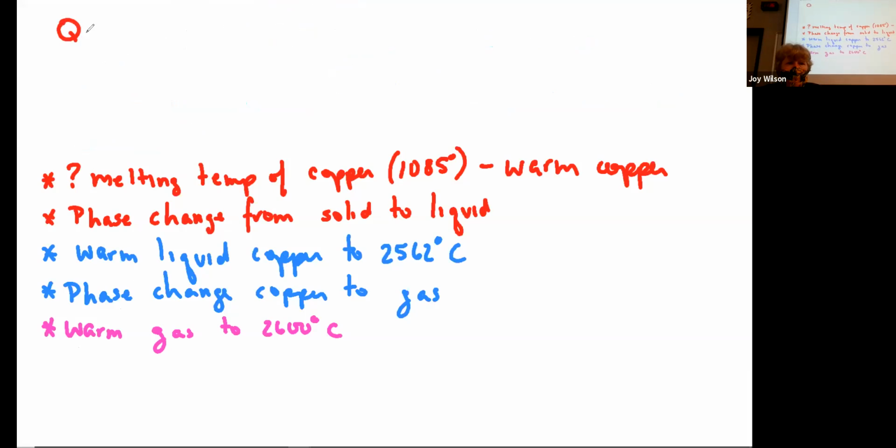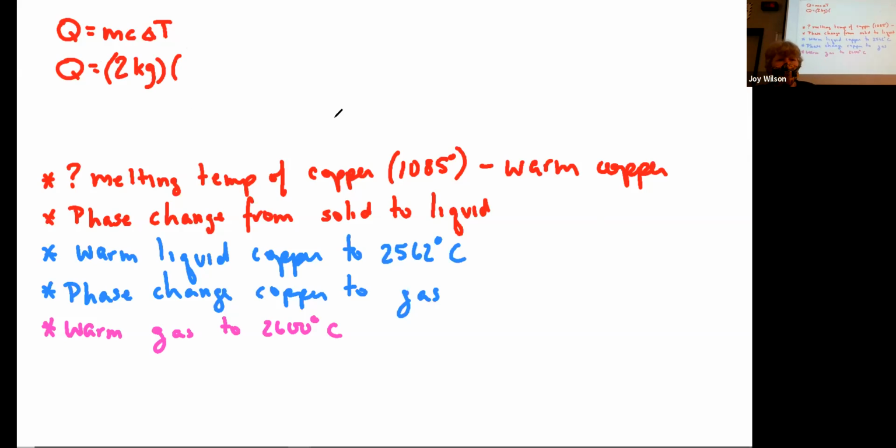I do Q equals MC delta T. What was my mass? 2 kilograms. Then this next number is a material property, and the material property is going to be found on page 375 of your book.